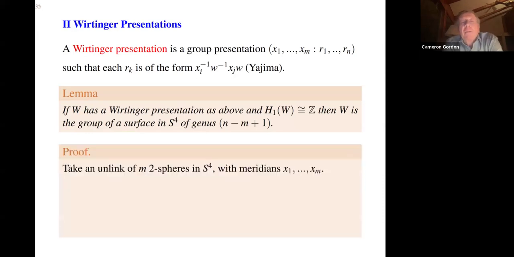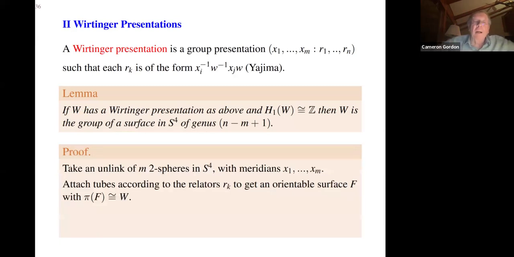So you start with an unlink of m 2-spheres in S4. These correspond to your generators, x1 through xm; these are the meridians of the 2-spheres. Now you just tube these spheres together by tubes according to the relators. In other words, if you want to realize a relator like this, you tube the ith sphere to the jth sphere.